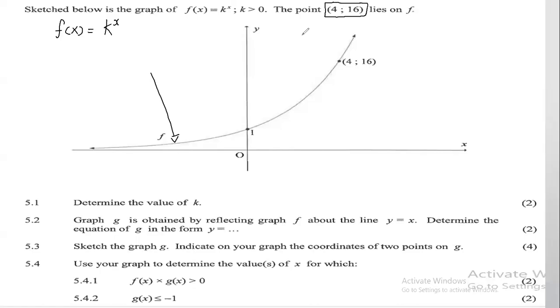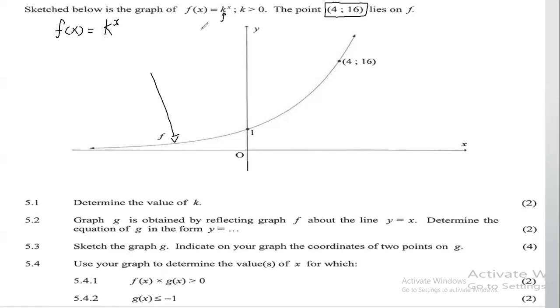I won't be surprised if the first question says find the value of k, because you can see we have got f of x equals k to the exponent x. So k is the unknown there. For us to have a complete equation of the exponential function, we should know the value of k there.